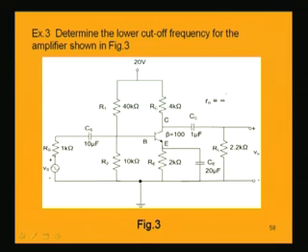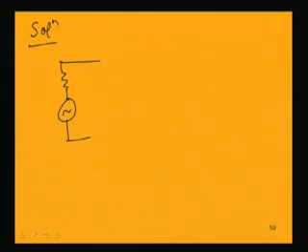and here R naught equal to infinity is given to us. So, if we consider the equivalent circuit, first of all let us consider all the capacitances together, and this is a common emitter amplifier.